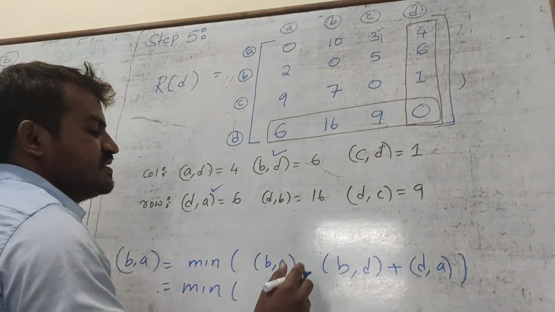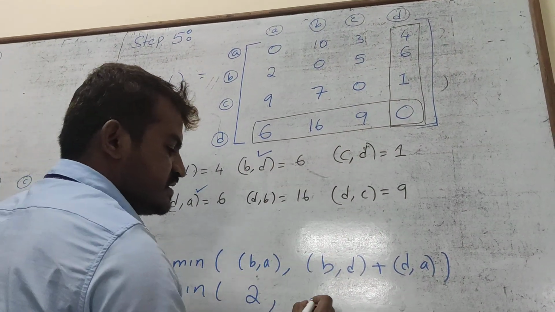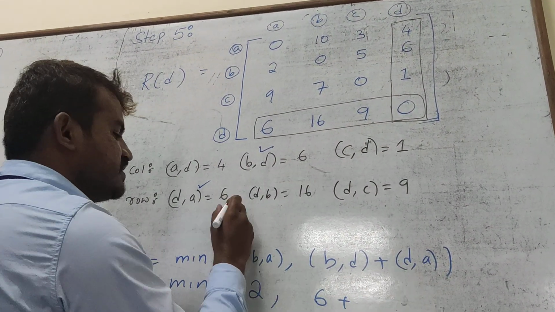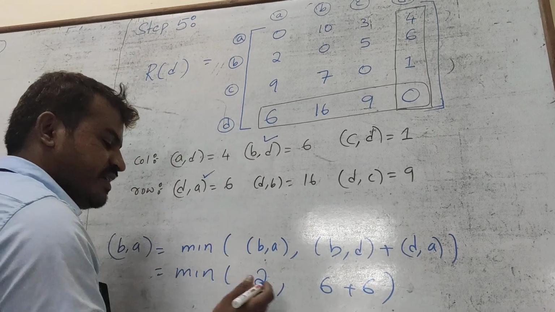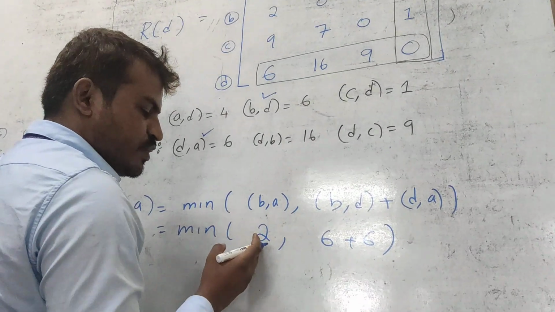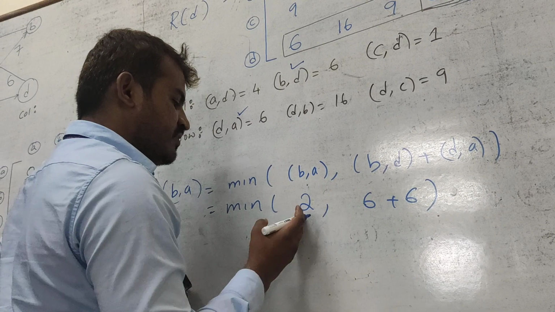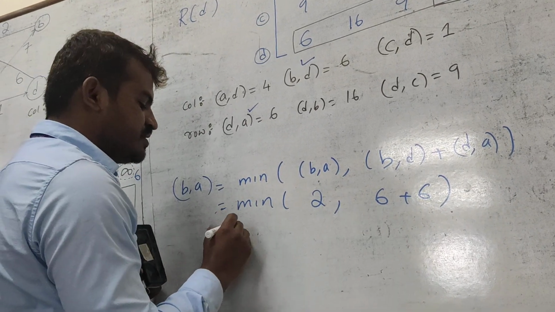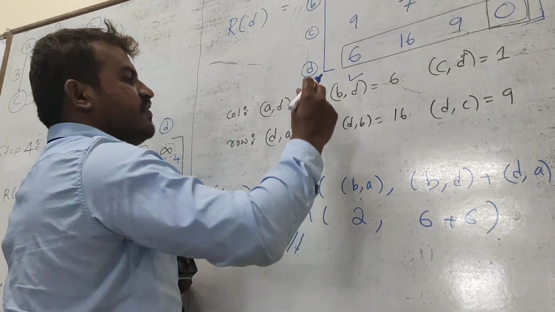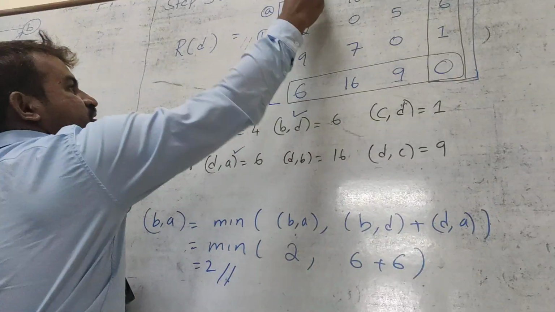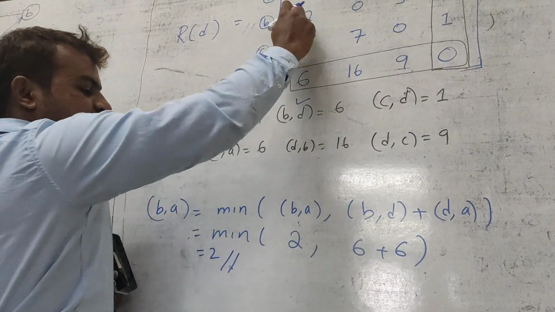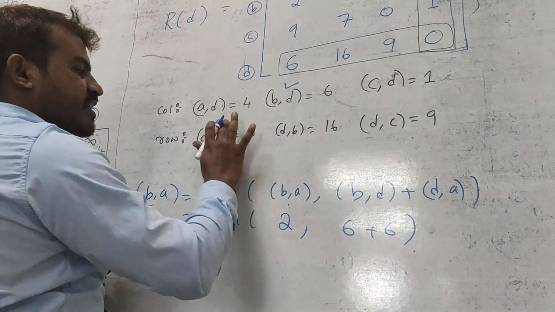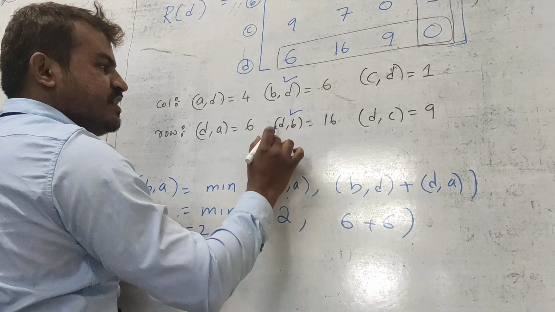B to D is 6 plus D to A is 6, which is 12. Compare this 12 with 2, which is the minimum? It is 2. 2 is the best. Then B to A is already 2, no need to replace.